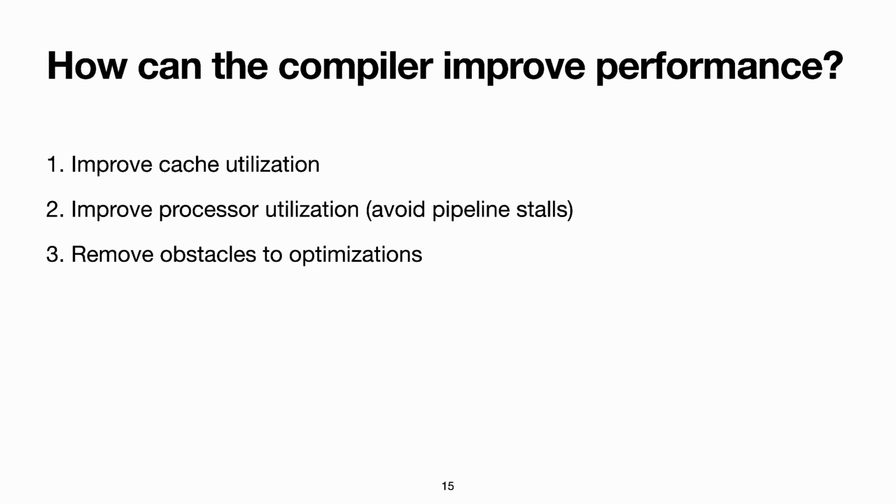The second is improve processor utilization, and mostly that comes down to avoiding pipeline stalls. What optimizing compilers like to do here is reorder instructions around to make sure the pipeline is being used as much as possible. And third is remove obstacles to optimization. I'm not going to say anything about that one. We'll see that next time.